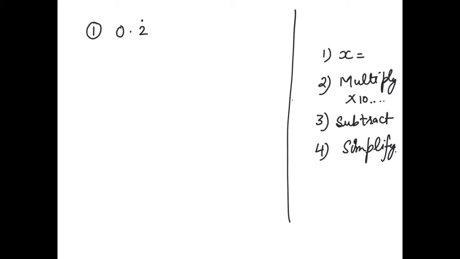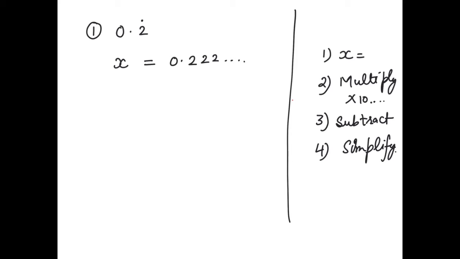Let's apply these rules. First step is take the number as x equal to. So I'm saying x equal to 0.222, etc. Now, second step is multiply with a multiple of 10. So how do we know whether to multiply with 10, 100 or 1000? There is a rule for it.